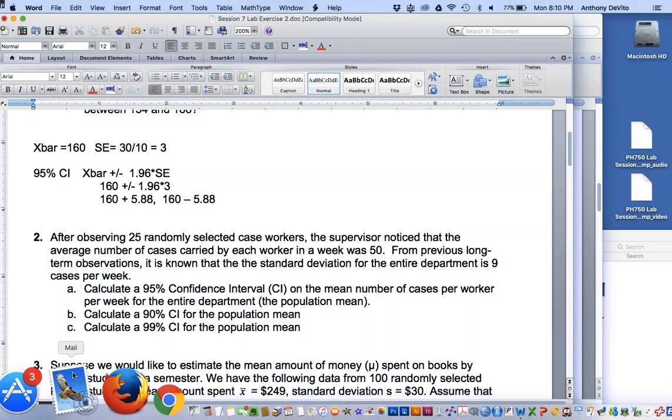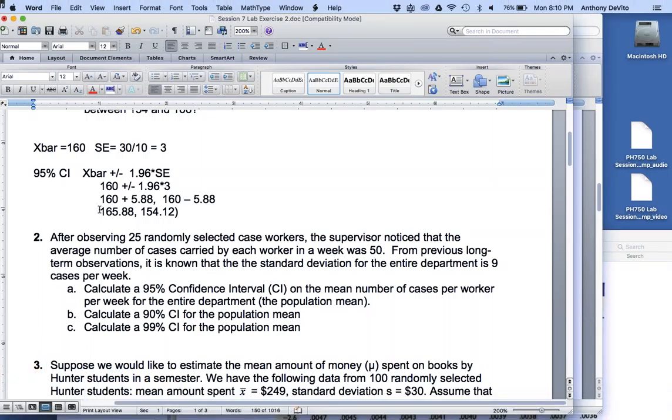It's going to be 165.88, comma, 154.12. That look right? Normally I would describe that by putting the lower number first rather than the higher number. It's just the way I accidentally laid it out there. That's my 95% confidence. I'm 95% certain that the true mean of this population lies between those two numbers.